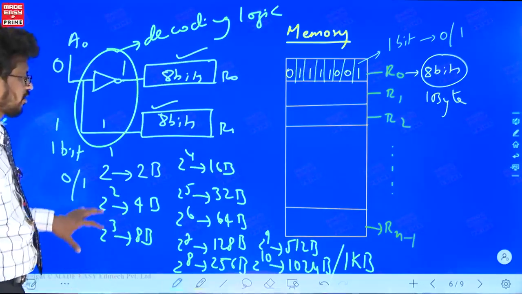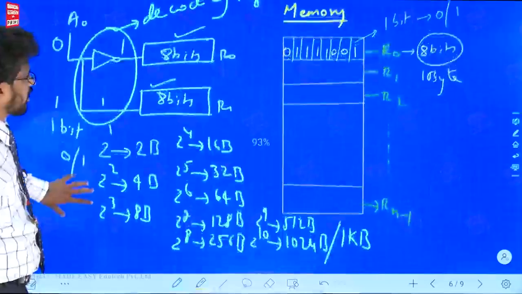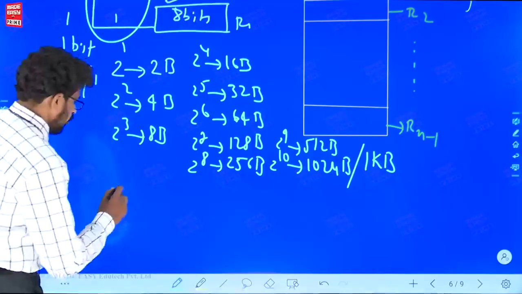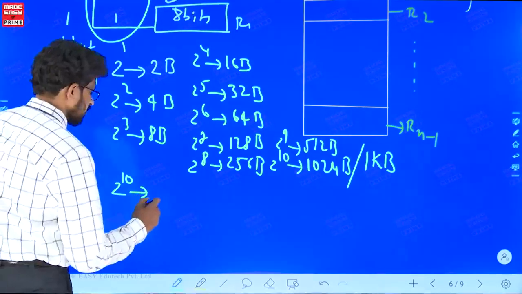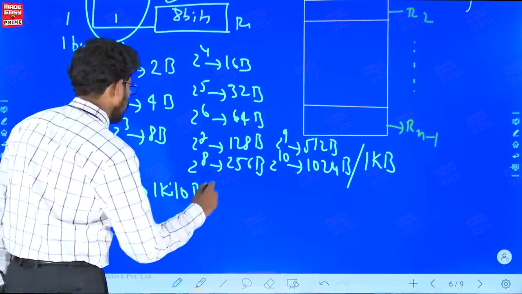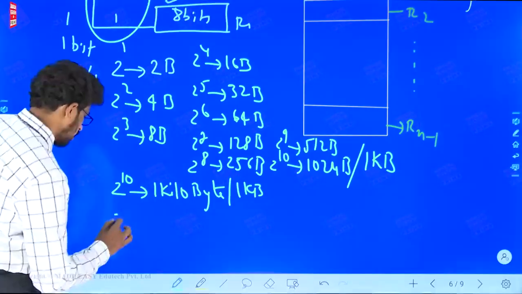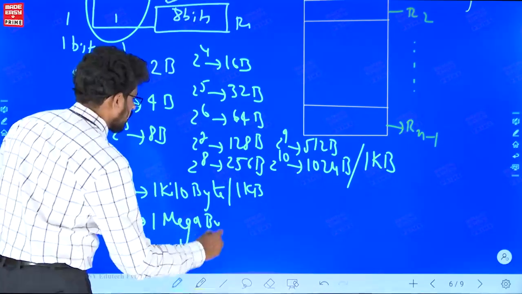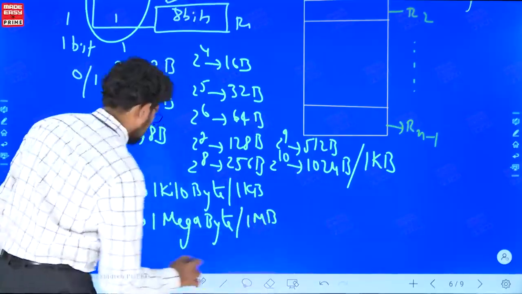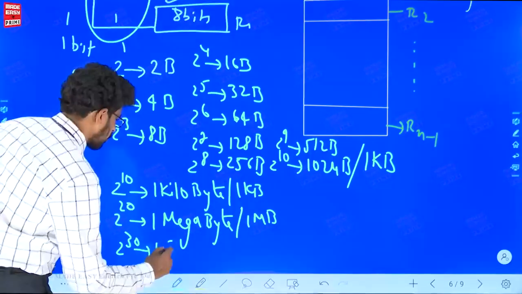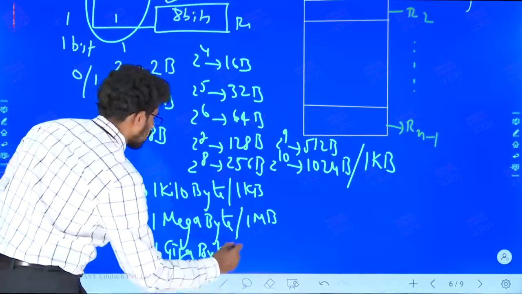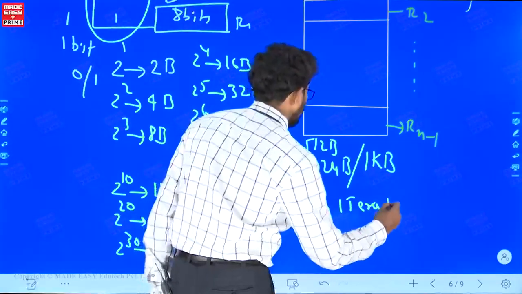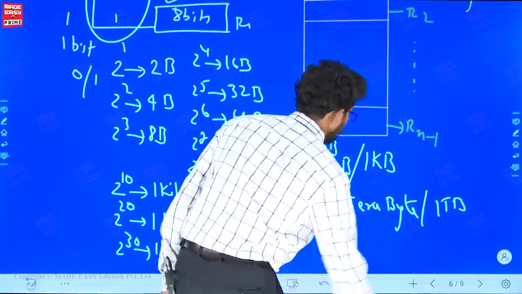There are some conversions here. So let us take some conversions. For example, to understand clearly, let us consider like this. 2 power 10 is called 1 kilobyte or 1 KB. 2 power 20, that many addresses, 1 mega addresses, so 1 megabyte, 1 MB. 2 power 30, 1 gigabyte or 1 GB. 2 power 40, 1 terabyte or 1 TB.